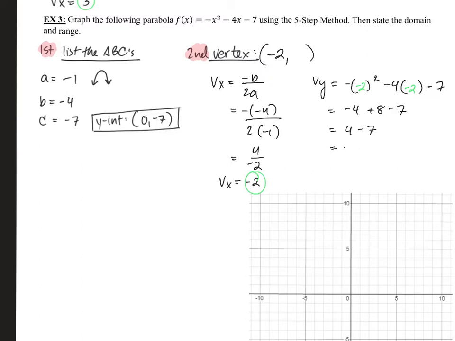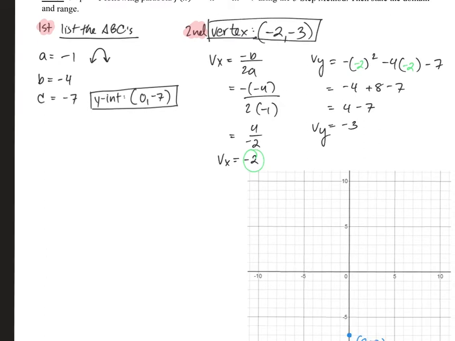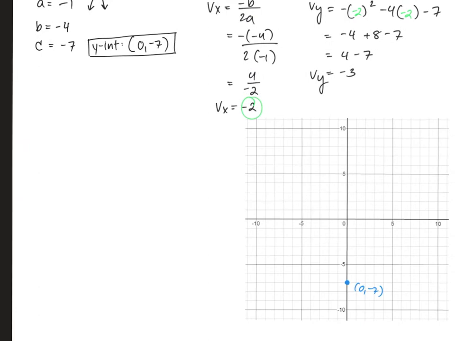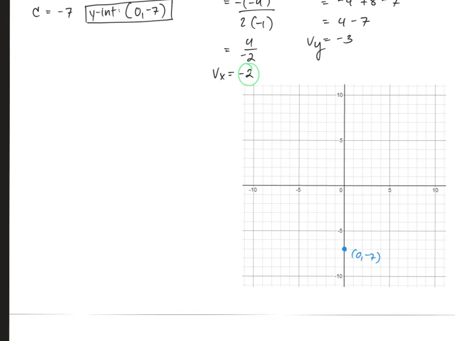And 4 minus 7 will be -3. So my v sub y value is -3. And boxing our vertex. Once again, I'm going to go ahead and plot our vertex. What was it? -2, -3. 1, 2, 1, 2, 3.